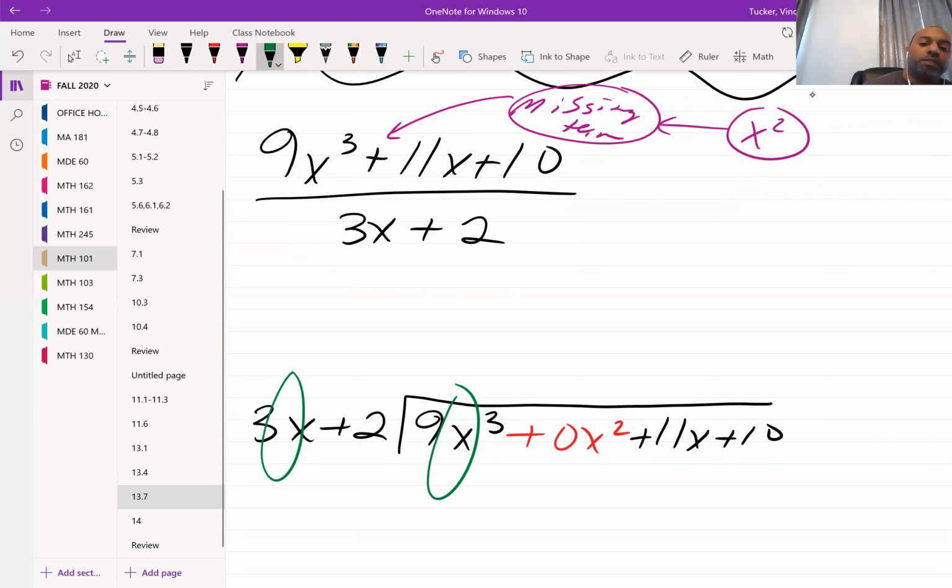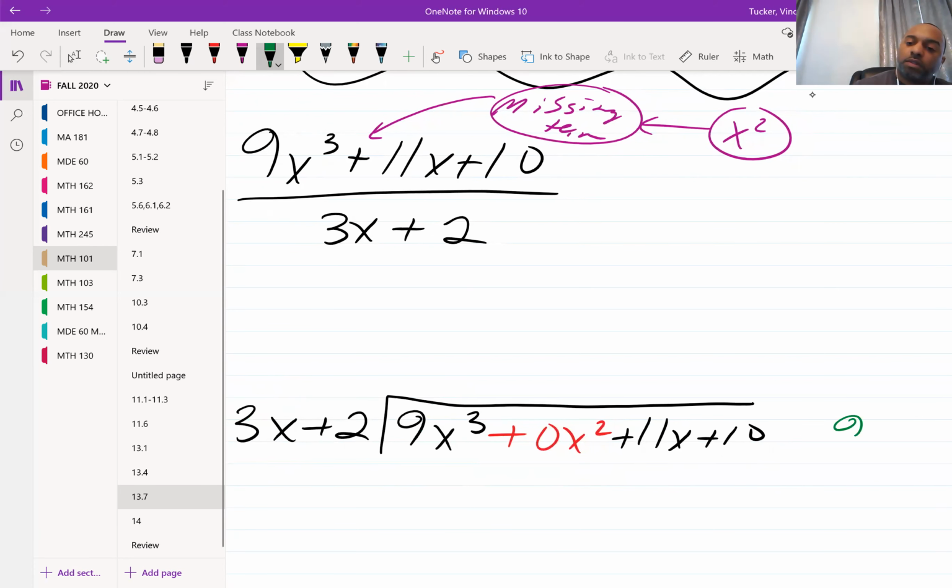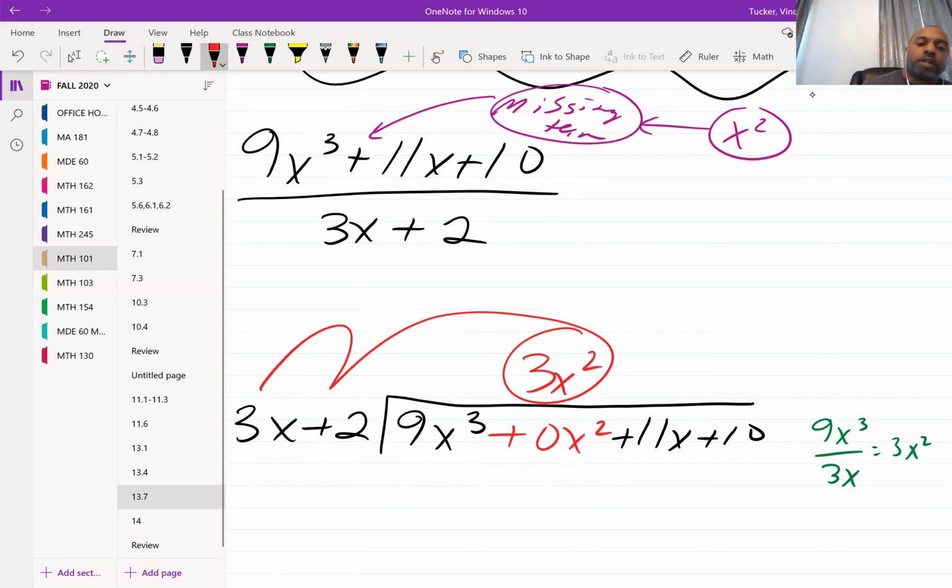Compare first terms in each. Say what times 3x will give me 9x cubed. So 9x cubed divided by 3x is going to be 3x squared. Multiply 3x squared to both terms.